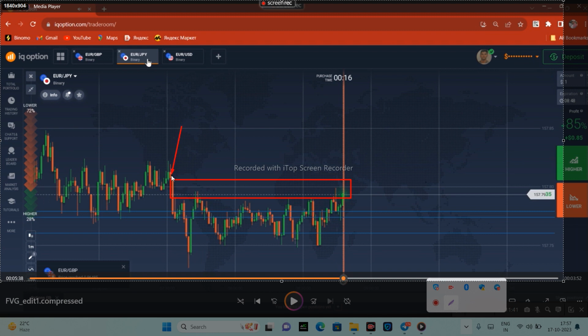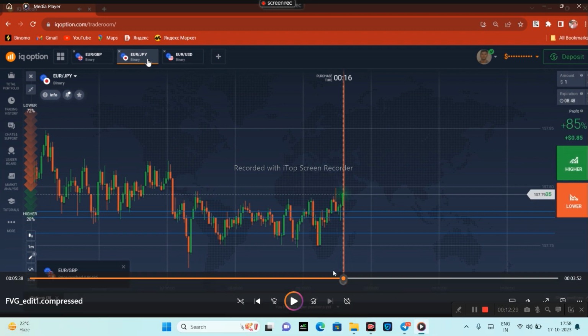This first candle, or you may take that one also, this candle and this candle. This is a gap and this is a fair value gap, but it is already mitigated, so we will not consider this fair value gap to take a trade. It should be a fresh fair value gap, only then we will consider it to take a trade.